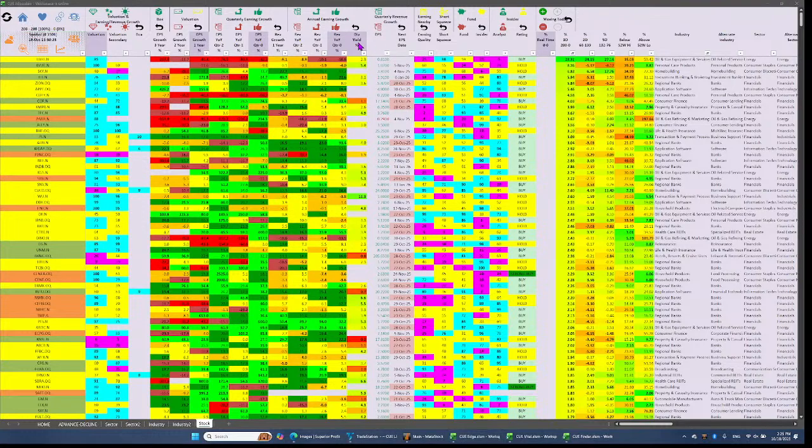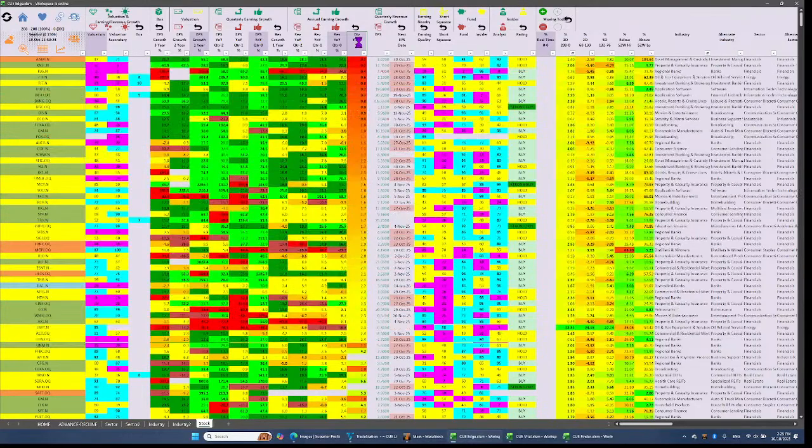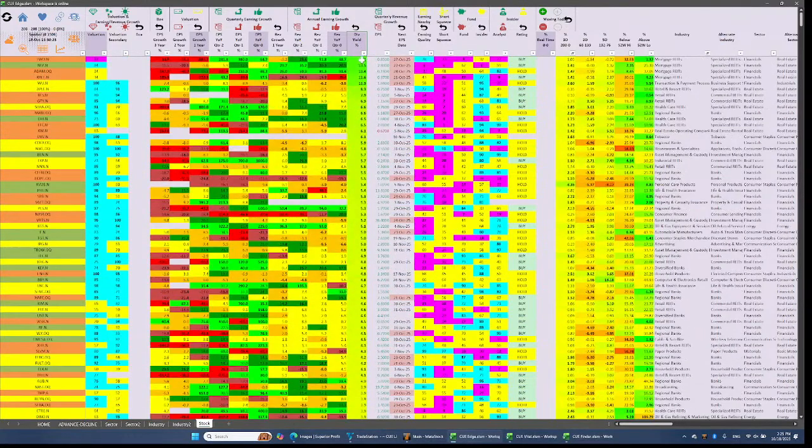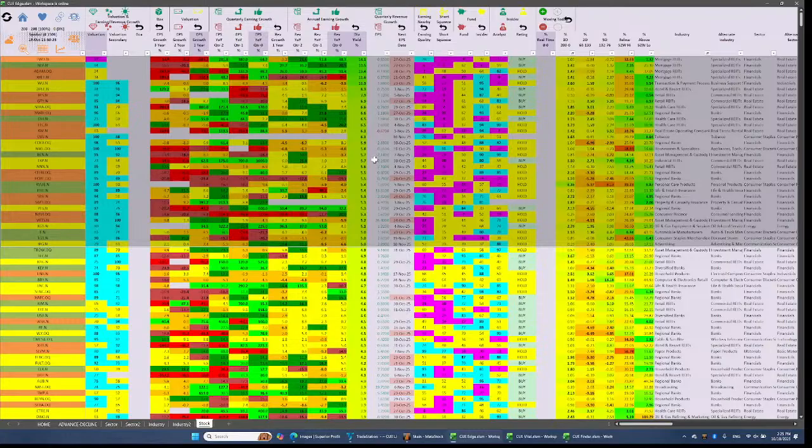But I am going to be defensive, so let me sort by dividend yield. Only look at stocks that are having dividend yield of 5% or more. I'm left with only these stocks, and let me see how many of them have possible trade setup.